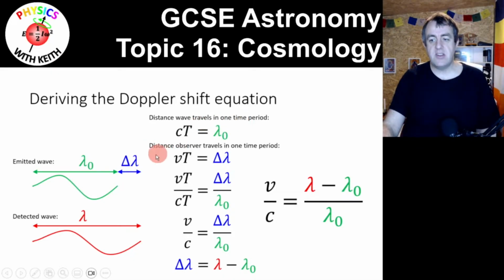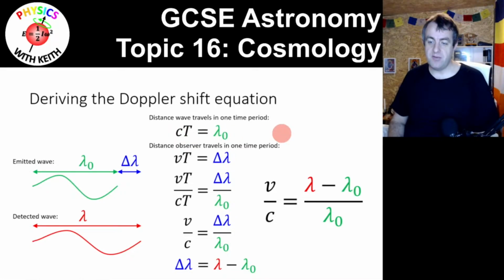Now the distance that the light will travel during one time period is called the wavelength. So the distance that the wave will travel in one period, which is what we call capital T, a time period, the speed of light is c, and we end up with this top equation there.